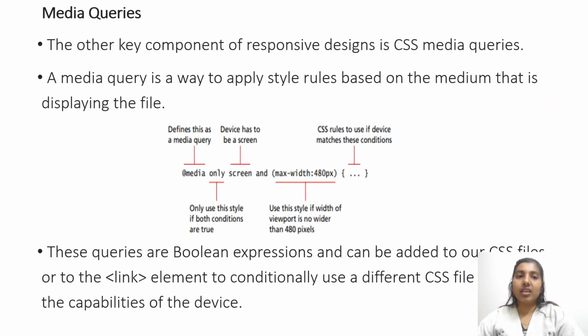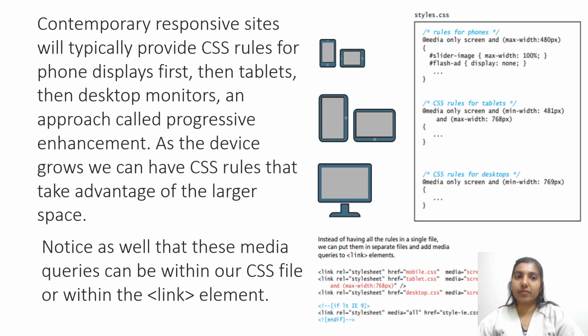Media queries. The other key component of responsive design is CSS media queries. A media query is a way to apply style rules based on the medium that is displaying the file. These queries are Boolean expressions and can be added to our CSS files or to the link element to conditionally use a different CSS file based on the capabilities of the device.